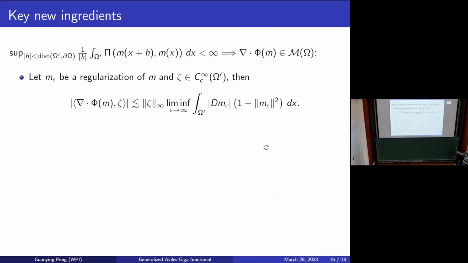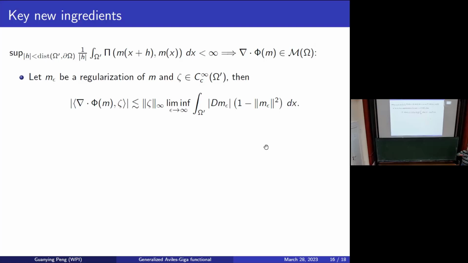We have this assumption, and we want to show that all entropy productions are finite Radon measures. And here, the starting point is very standard. So we take a regularization for the vector field M, and then calculate the entropy productions for the regularized function, and then pass to the limit. So it's all standard, similar to what has been done for the classical Eikonal equation.